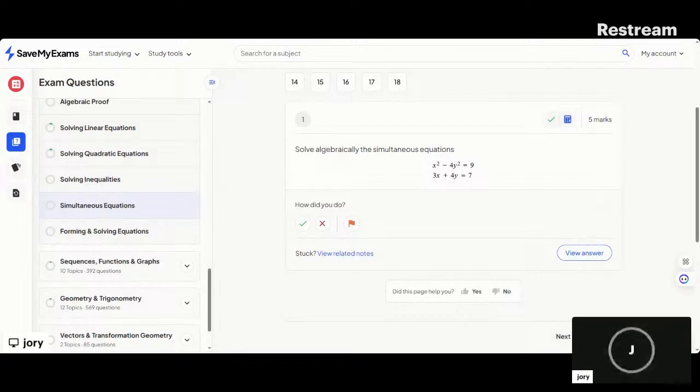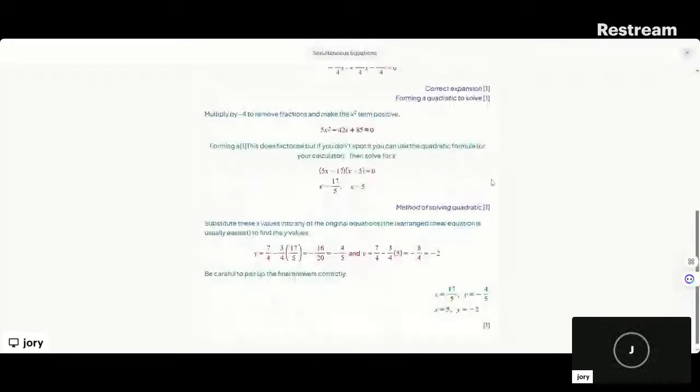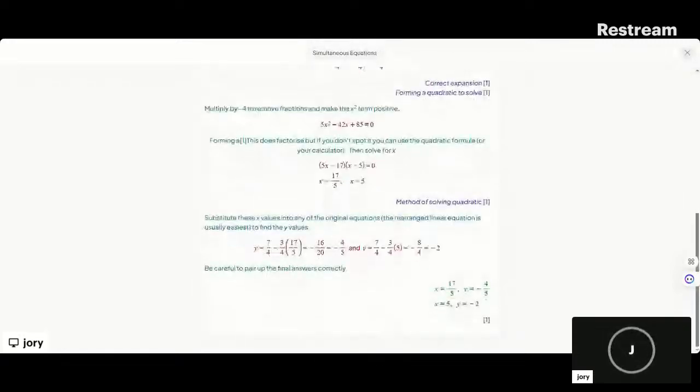Found x, now find y using your first equation. 17 over 5 times 3, 7 minus that, divided by 4, it's negative 4 over 5. And then the second one is 5 times 3, 7 minus that, divided by 4, negative 2. So 17 over 5 and 5. Okay, we got that. It's great.